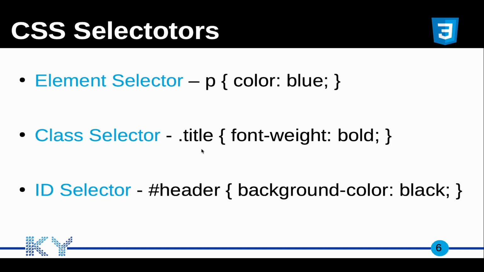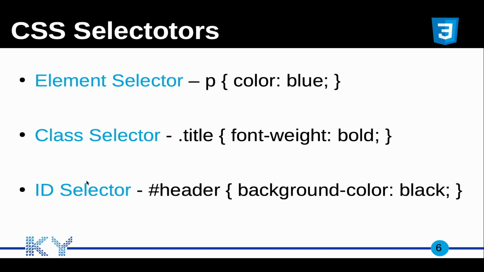Within your CSS file, you're going to put a dot, whatever class you have used, and then put your curly bracket after it and state your rule within the curly brackets. I'm going to explain this in just a moment. So that's how the class selector works, and then all elements bearing this class would automatically follow this rule. They would have a font weight of bold. So that's about the class.